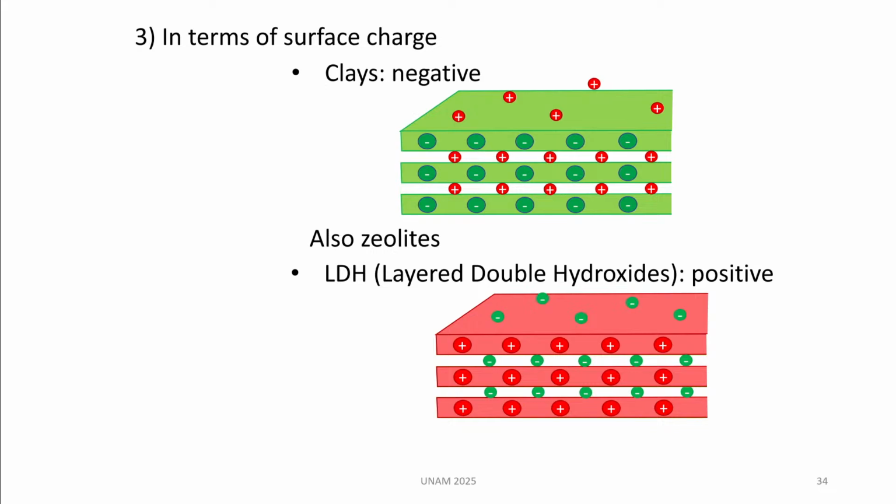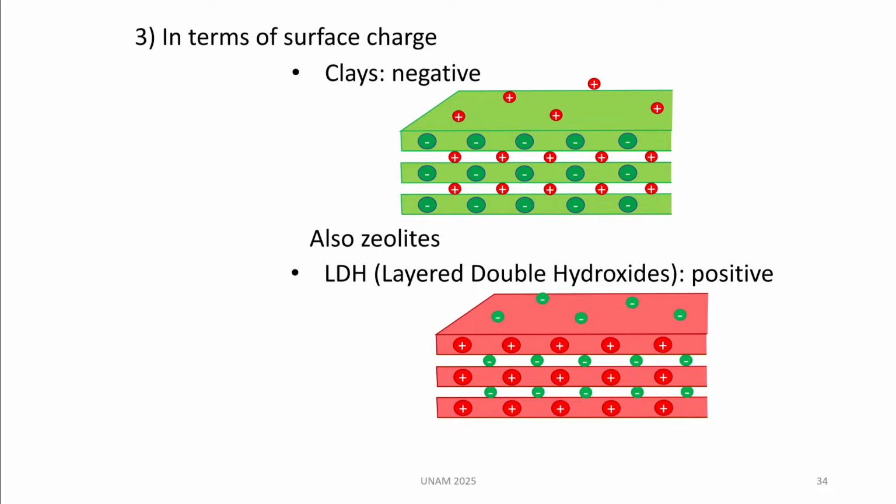On the other hand, layered double hydroxides are in a way reverse clays. They are called anionic clays. Why? Because the layers have a net positive charge due to atomic substitution. And because they would not be able to exist with a net charge, it's compensated by anions between the layers.